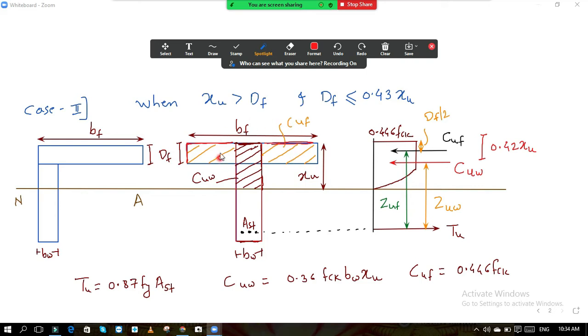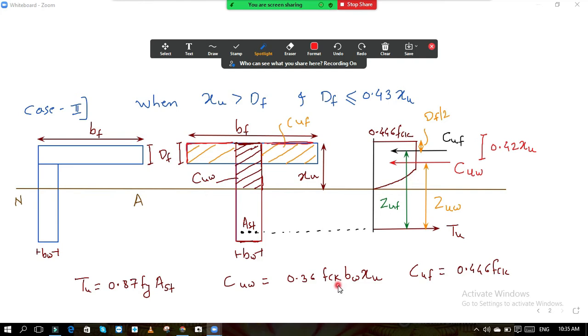But for CUF, the depth of the flange has almost uniform stress intensity, and at the topmost fiber it is 0.446 FCK. That is why for the compressive force in the flange you consider the maximum stress, while for the compressive force in the web you don't consider maximum stress; you consider the reduced stress of 0.36 FCK.